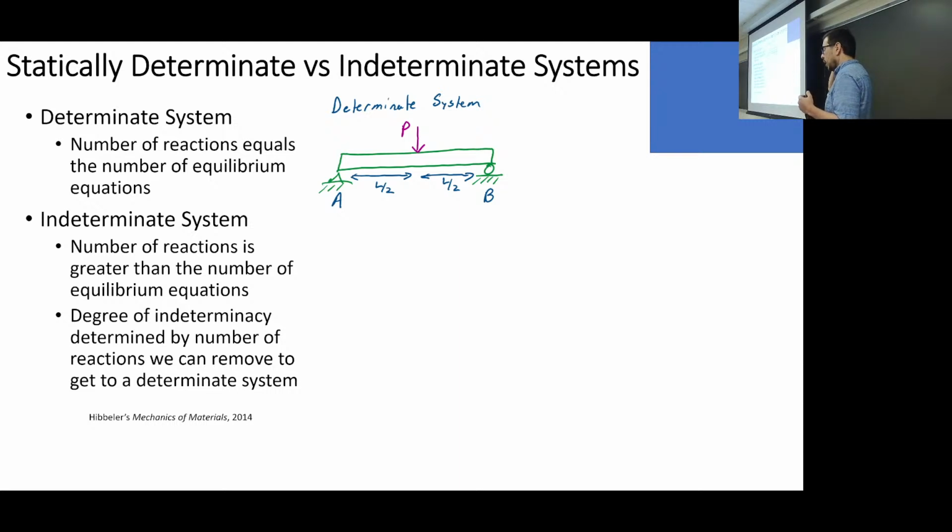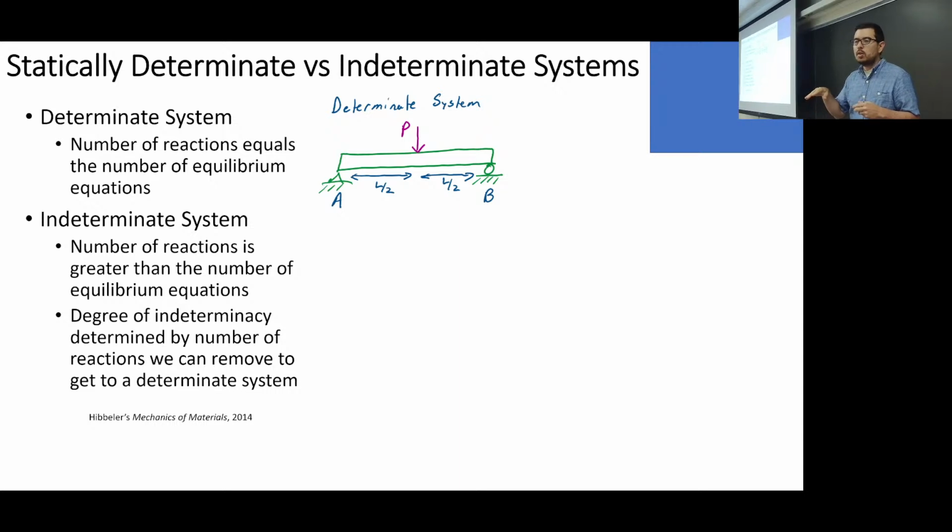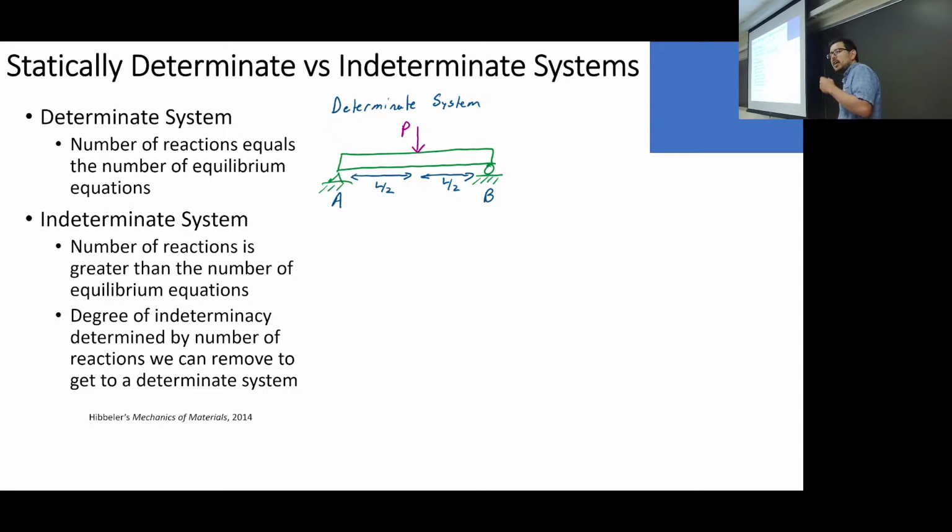And if it's a determinate system, you can't remove any constraints. What would happen if I removed the roller or the pin in this system? Yes. It wouldn't be static anymore. It would just start spinning around the remaining constraint. Assuming that P stays normal to the surface, it'd even be accelerating if there's no damping.